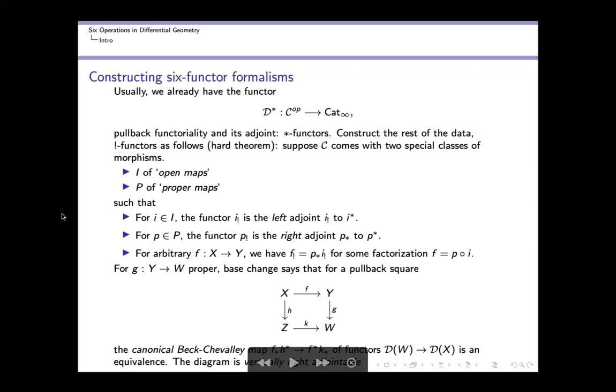So can I ask a question about this square? You started with two maps, F and G, and then you produce the squares. So how do you produce this square, or is this square given? Would you please explain? Here it's a pullback square. You're given the map from Z to W and the map from Y to W, and then this is a pullback square.